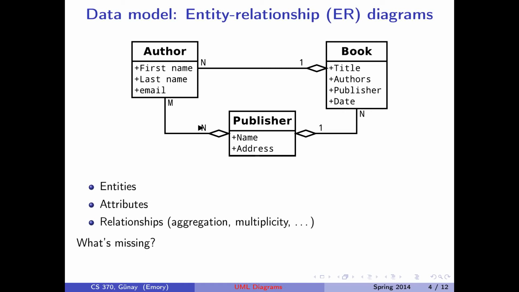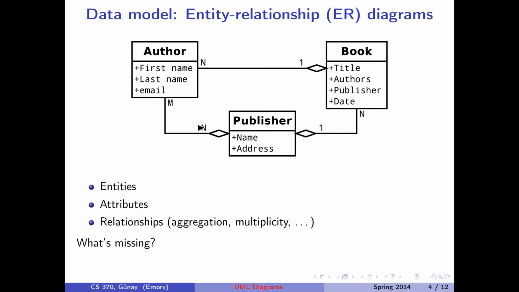And you remember that for each of these boxes, they represent the entity, like author, publisher, book, and they have some attributes, like the author has a name, the book has a title, and the lines show us the relationships between them, like aggregation and multiplicity. So in this case, it was mostly multiplicity. It's not really aggregation in this case.